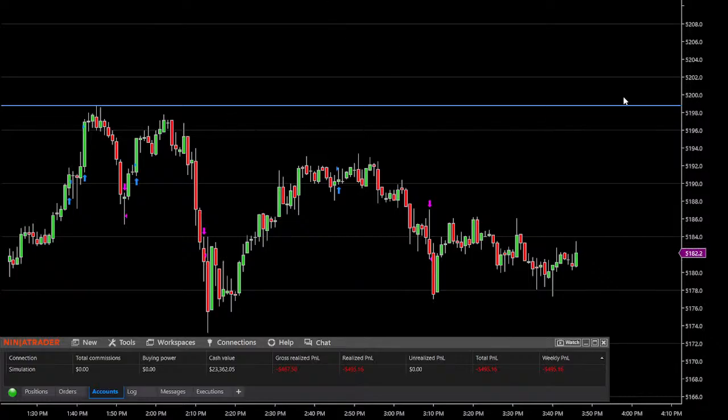Oh no, it's not indicators, it's objects. How do I view that? Drawing tools. Here we go, drawing objects. Oh, it says I do have some text. Where the hell did it go?